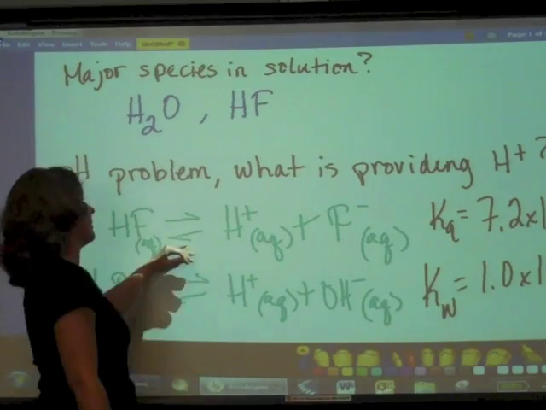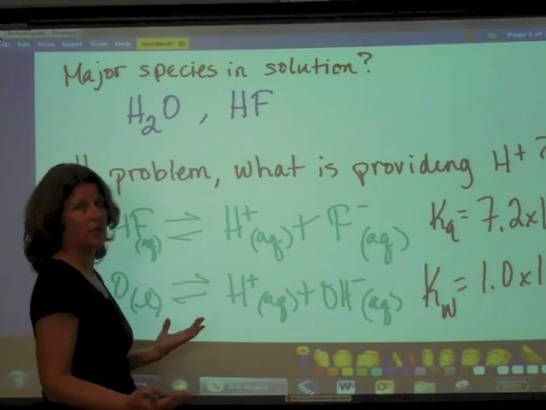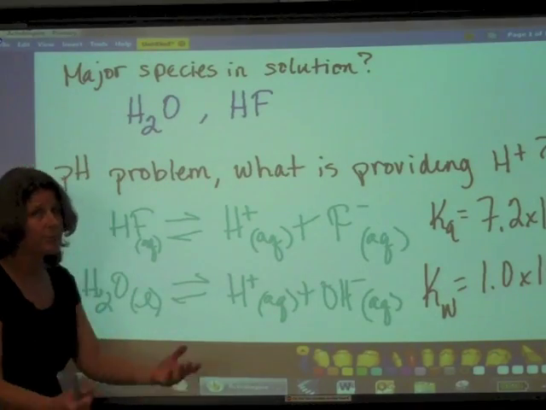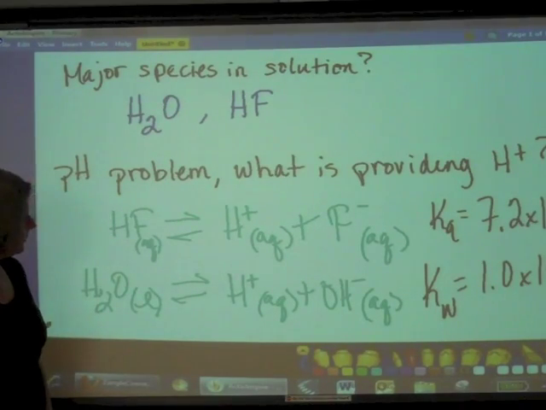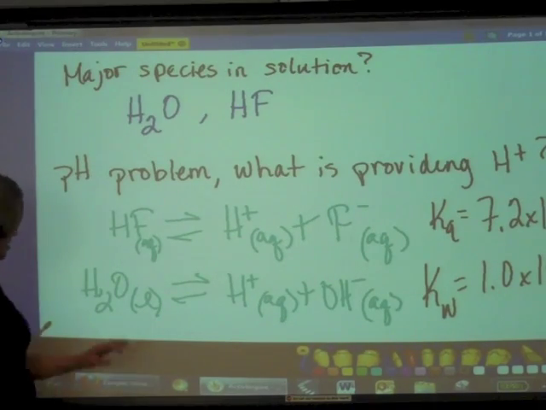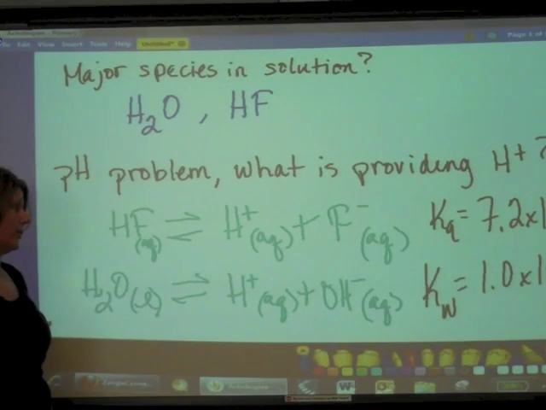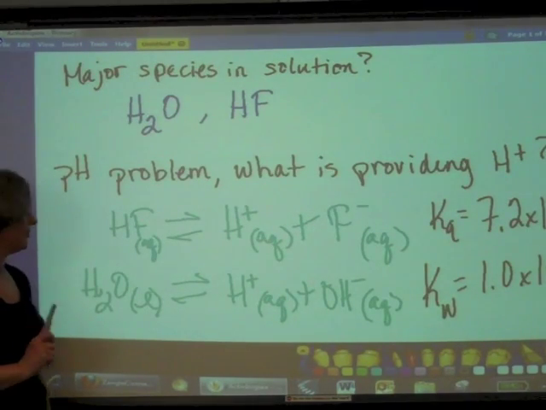So we can say it's this. The hydrofluoric acid really is the dominant producer of hydrogen ion in this solution. So we can disqualify the autoionization of water, okay? And the majority of the time, you guys, we can disqualify the autoionization of water.